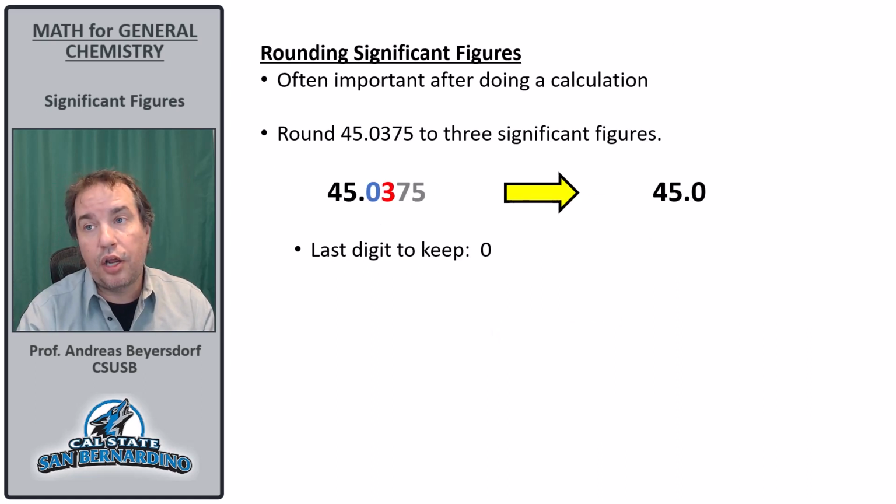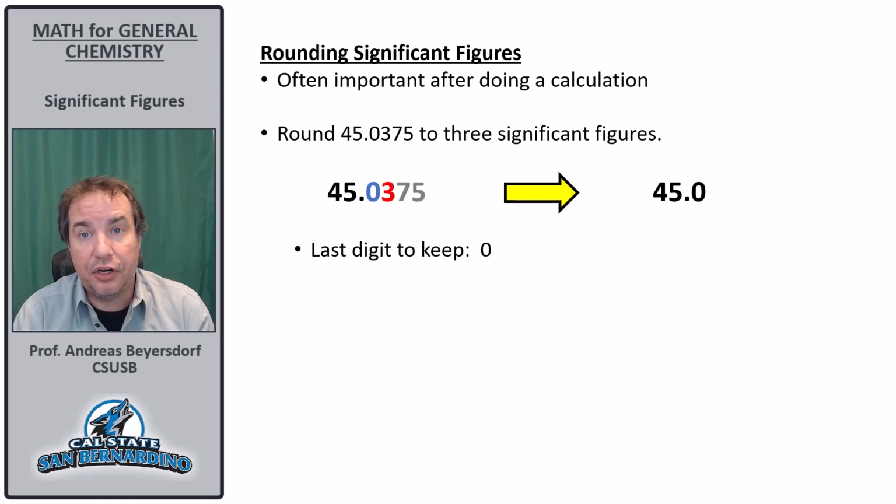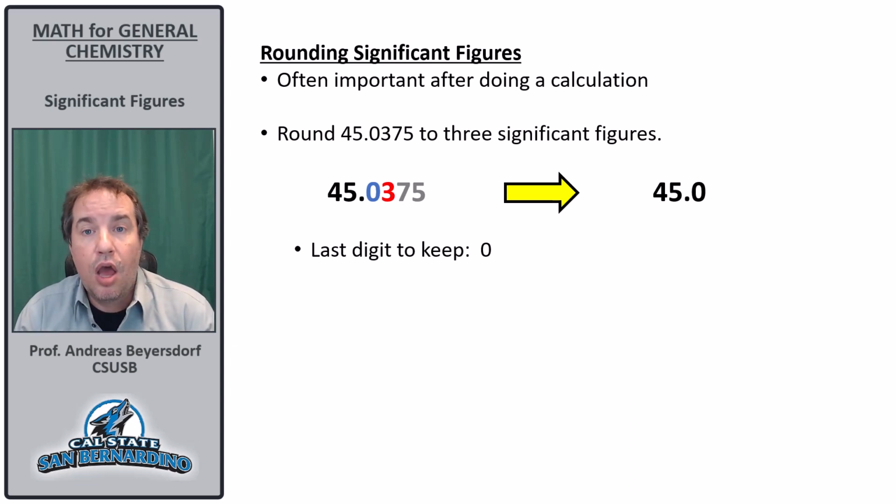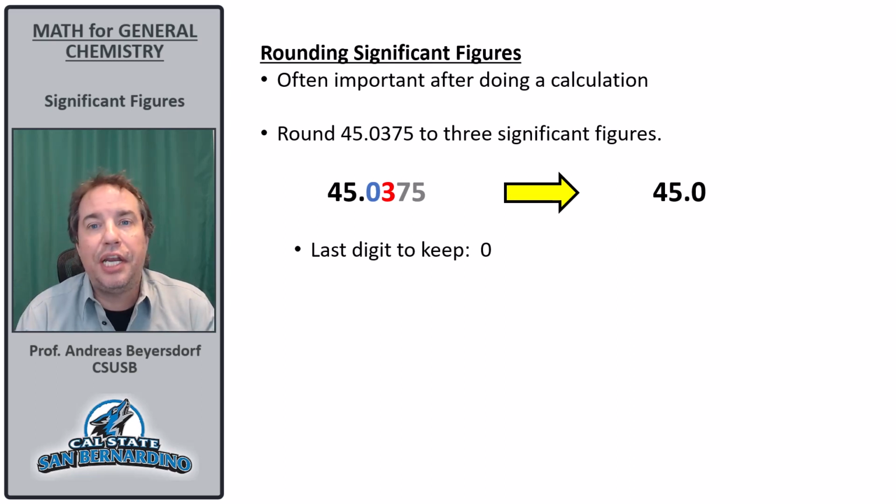Now let's go on to rounding significant figures. Rounding significant figures is something we often do when we have calculations. So let's say we do a calculation and we get on our calculator 45.0375, and I know I need to round this to 3 significant figures.